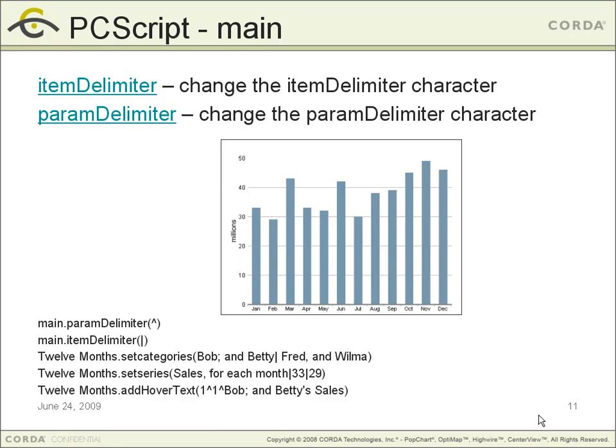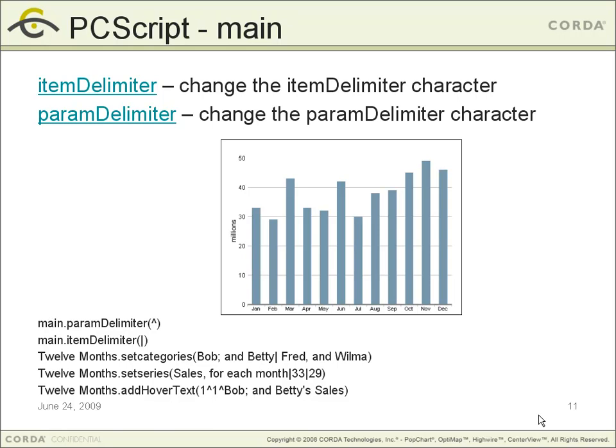The next two things we'll talk about are item delimiters and param delimiters. By default, the item delimiter is a comma and the param delimiter is a semicolon. There are occasions when your data is using one or both of these characters and you would like to change these delimiters, one or both of them, so that it won't conflict with the text that you have in your data.